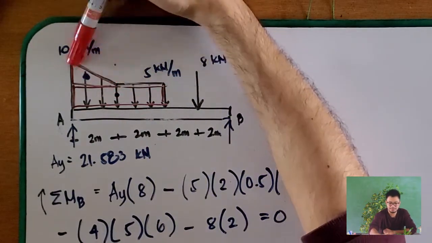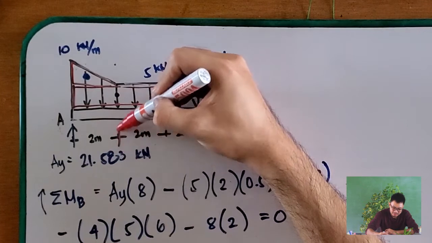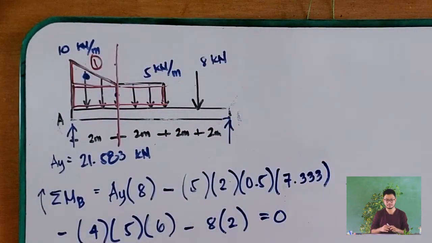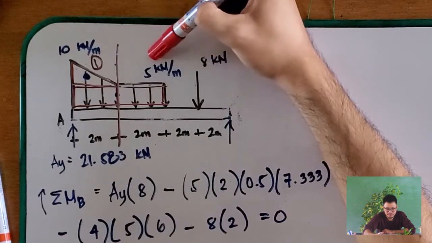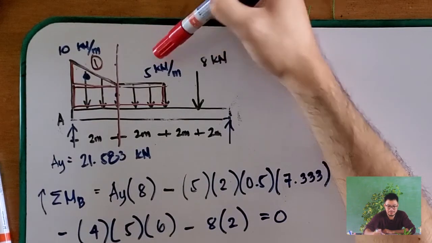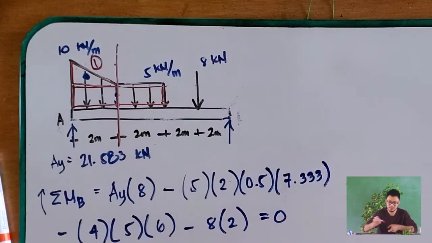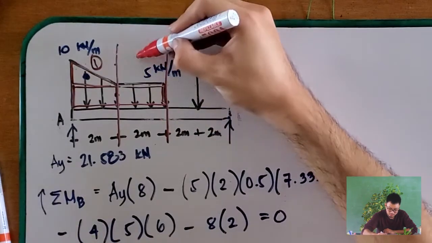So, we have to segment here, and this is your segment 1. Previously, its slope was constant there, but the load ends in this part. So, this is your segment 2.